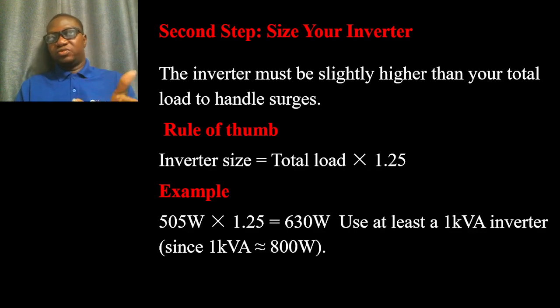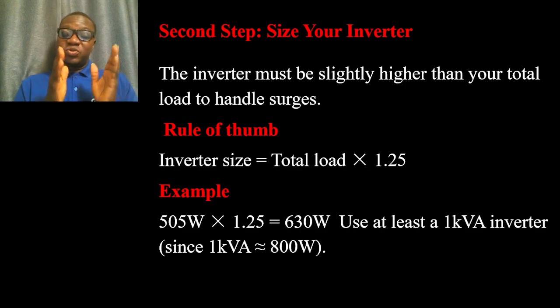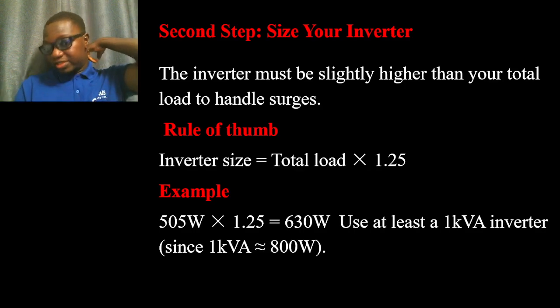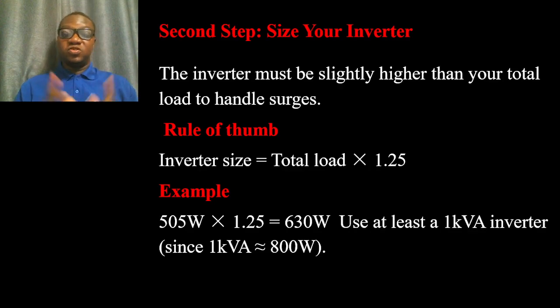The kind of inverter that you use probably will be 1 kVA, because if you look at it, 1 kVA is equal to 800 watts. You understand this when you understand what power factor is all about. So since 800 watts is quite bigger than 630 watts, 1 kVA is just enough to power those loads.